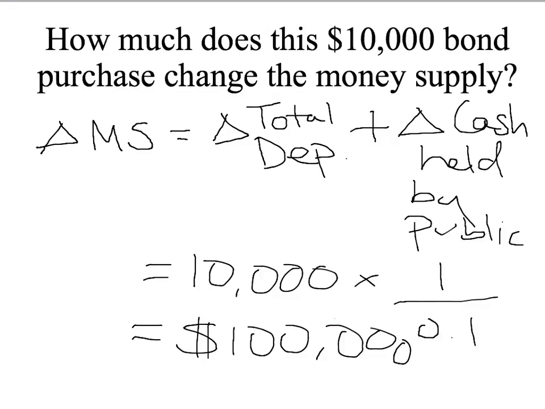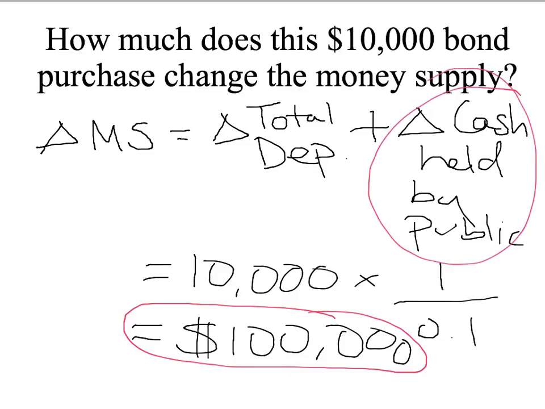Now, the key difference here between this case with the open market operation and the earlier case when we just saw someone took $10,000 out of their pocket and deposited it in a bank account is the change in cash held by the public. In the case when you take cash out of your pocket and put it in the bank, we see a change in the cash held by the public.